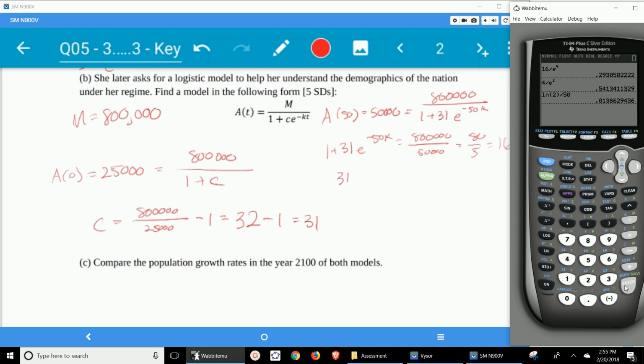So 31 e to the negative 50k equals 15. So e to the negative 50k is 15 over 31. So negative 50k is the natural log of 15 over 31. So k is the natural log of 15 over 31 divided by negative 50. So let's get that.